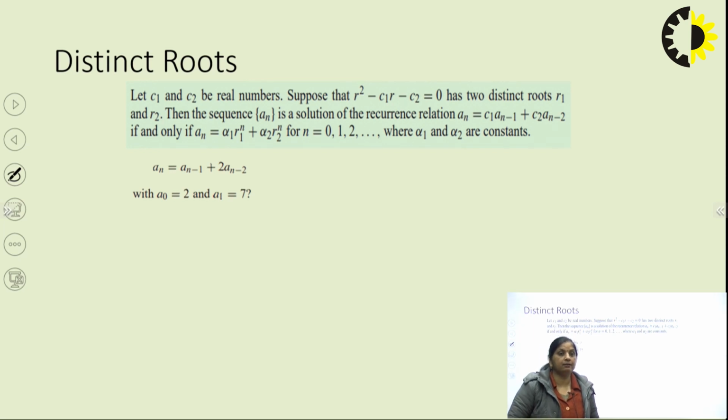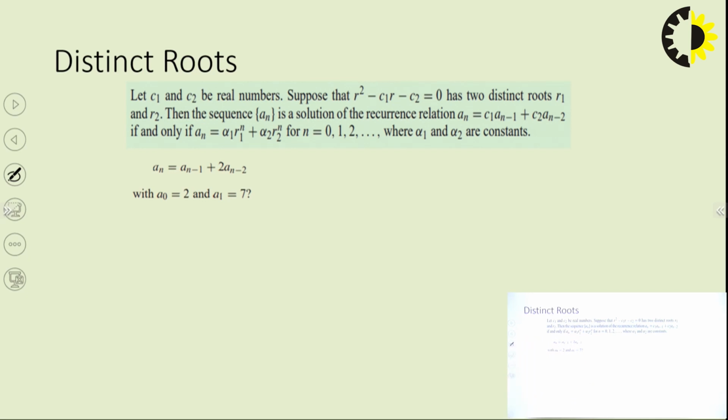In that case we will have a single root, and we will get a different equation for the solution. The nth term of the sequence, that is an, will be different.